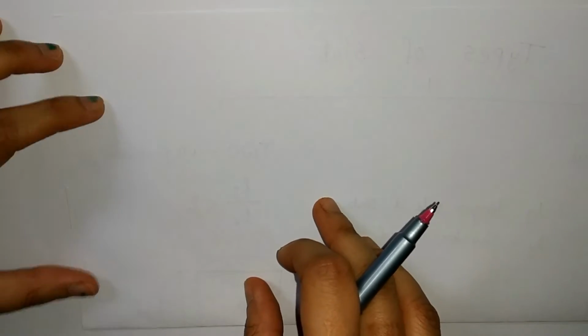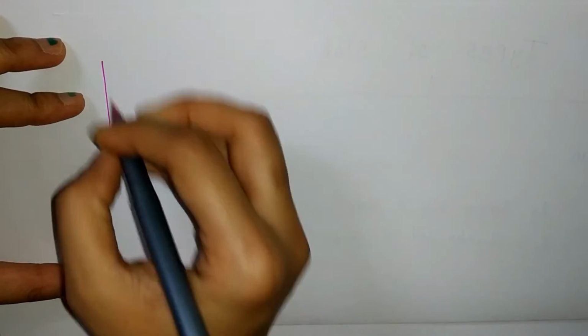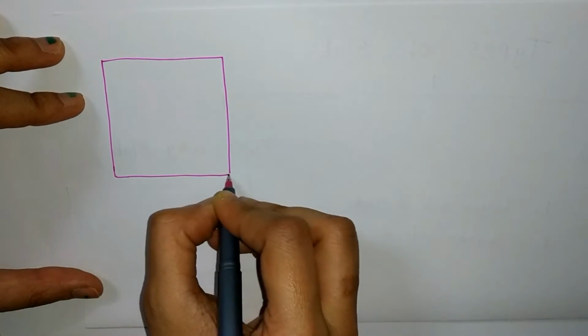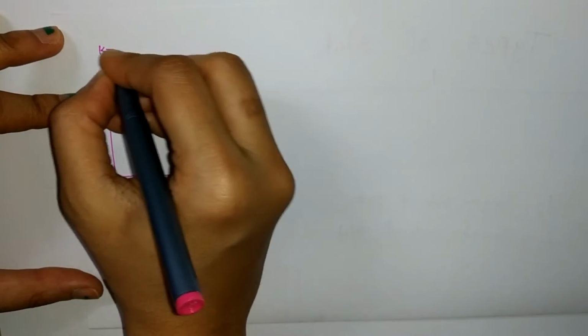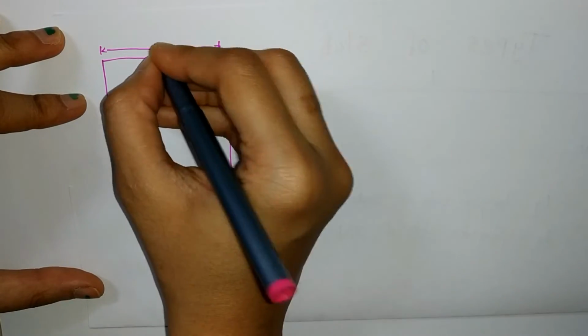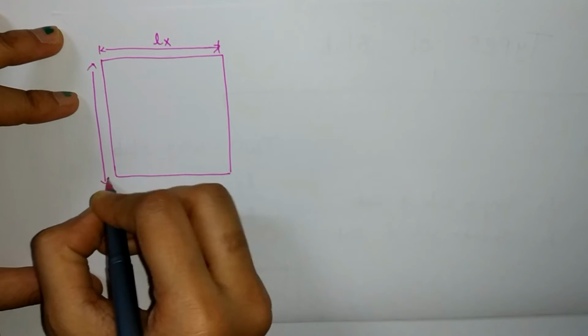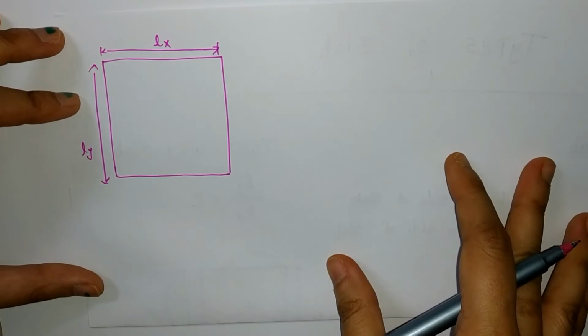Okay, now let's understand why a one-way slab will bend only in one direction and a two-way slab will bend in both directions. To understand this, I'm taking one slab. Okay, this direction I'm taking as the shorter one, so it is Lx, and this I'm taking as Ly, the longer one.